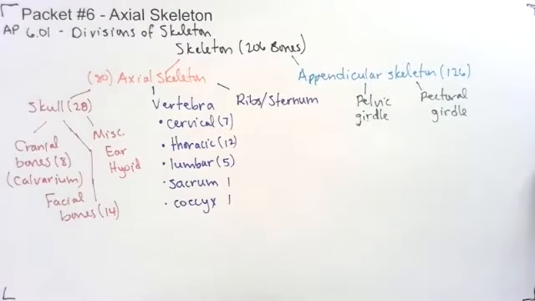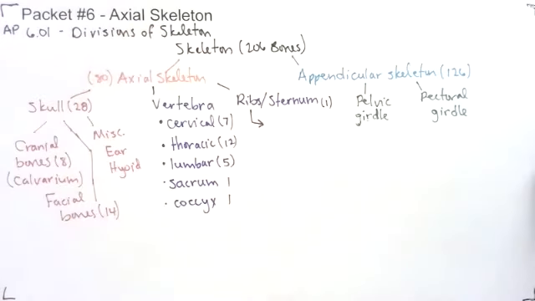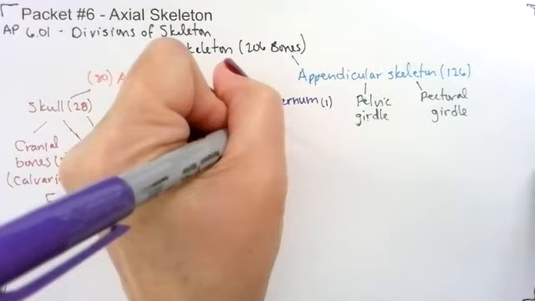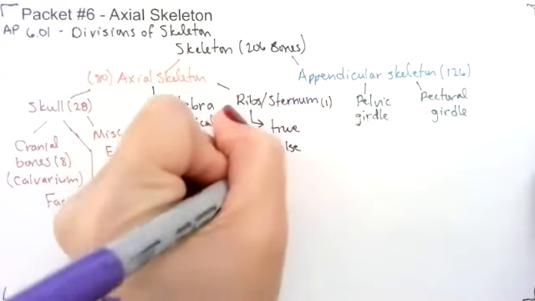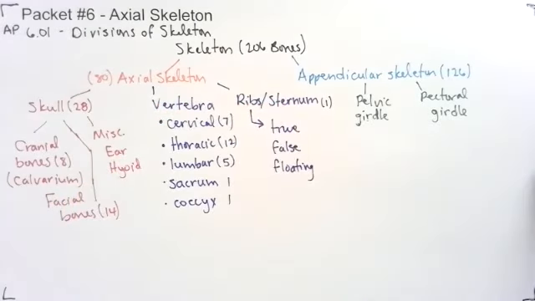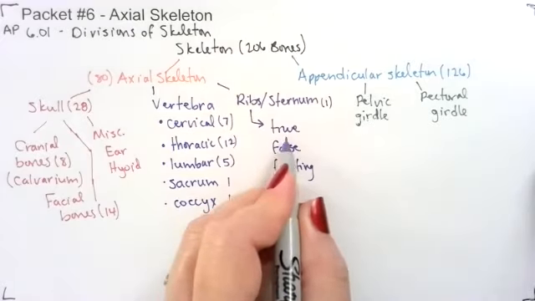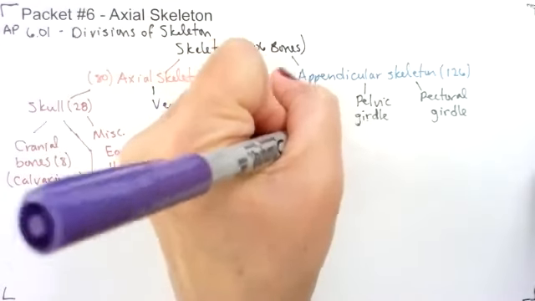So then with the ribs and sternum, with the sternum, we have 1 of those, but the ribs, we can divide that down into true ribs, false ribs, and floating ribs. And these exist in pairs. So you have 7 pairs of true ribs for a total of 14.